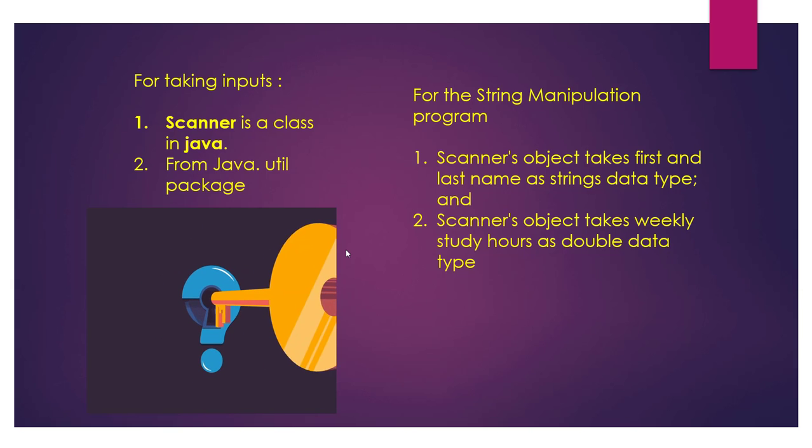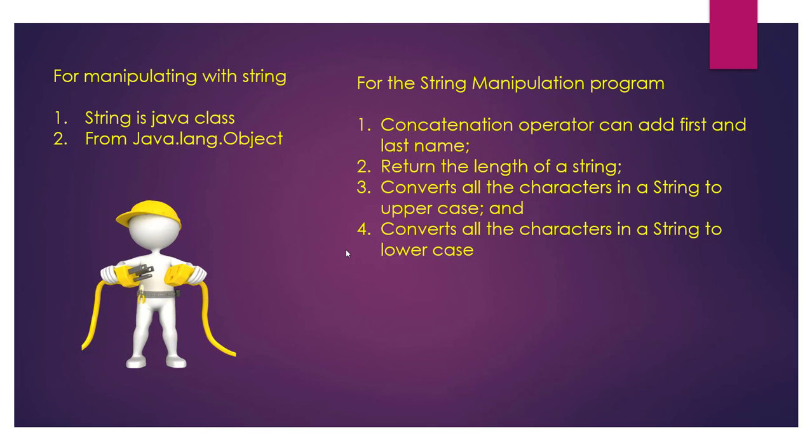String is a Java class and is from java.lang.Object. String concatenation can add any number of strings together. Just by adding a plus sign between two string variables, one can combine two strings together, or in our case, we can get our full name.